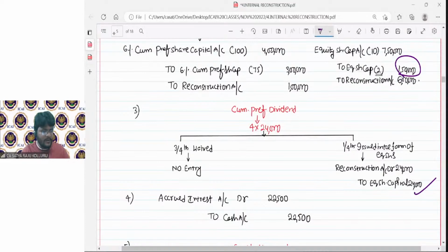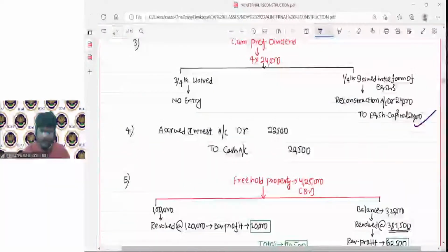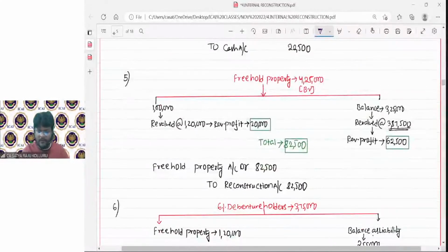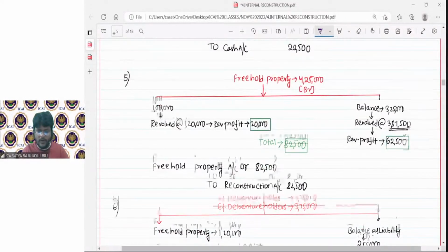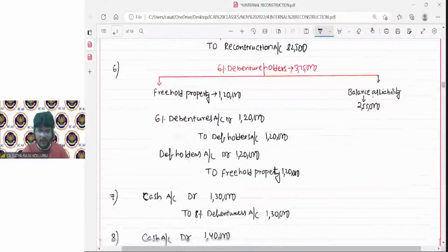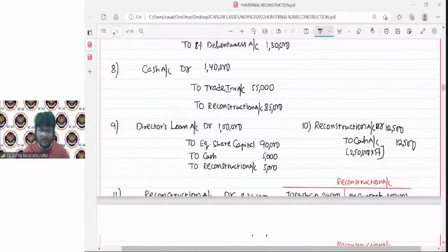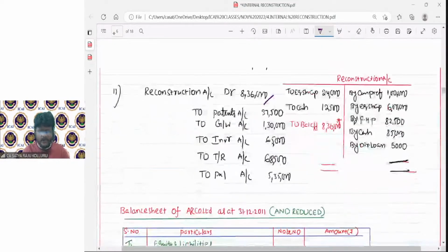Please consider plus 24,000. Fourth entry nothing. No involvement of equity share capital. Fifth, no involvement. Sixth, no involvement. Seventh, no. Eighth, no. Ninth is there. Ninth, 90,000. Add 90,000. 10th nothing. 11th nothing. I got 2,64,000.